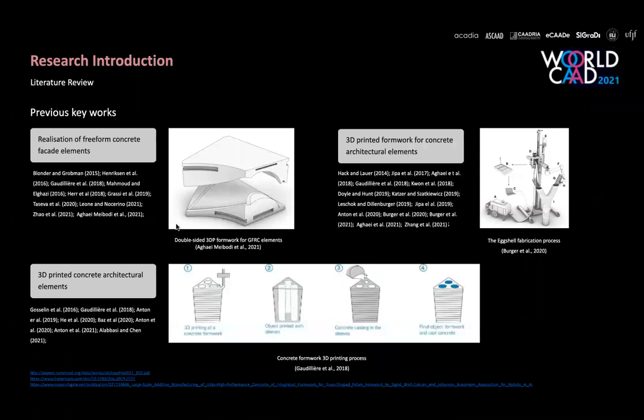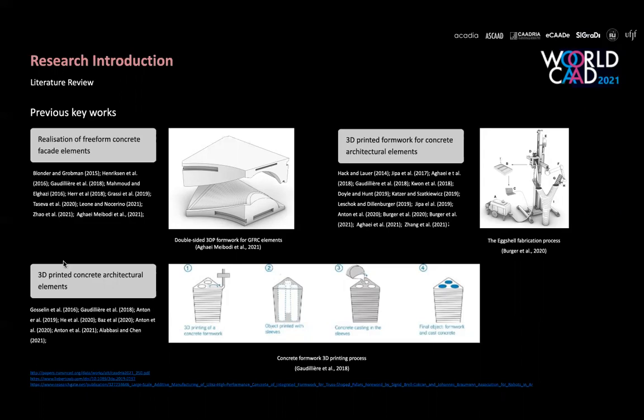The literature review was conducted from 3 aspects to review key works in the related fields, including the realization of freeform concrete facade elements, 3D printed formwork for concrete architectural elements, and 3D printed concrete architectural elements.